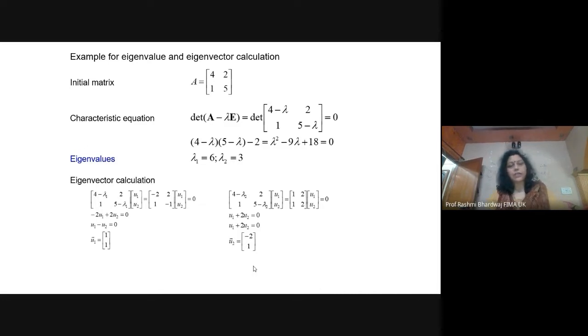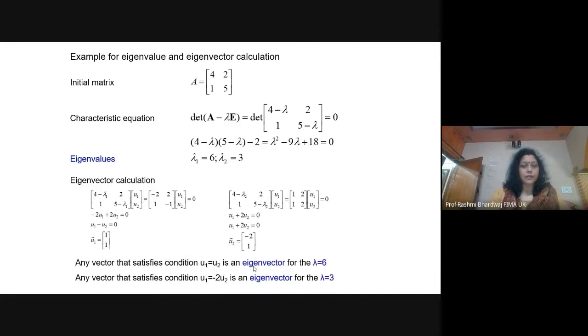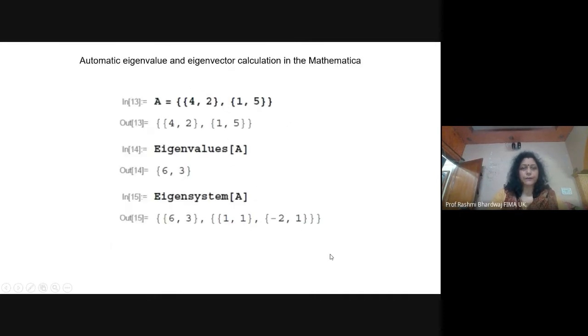But I am not going in that direction. I am going towards how, using eigenvalues, we find the stability of the function. Any vector that satisfies the condition u1 equals u2 is an eigenvector for lambda equal to 6, and the one satisfying the other condition is an eigenvector for lambda equal to 3.